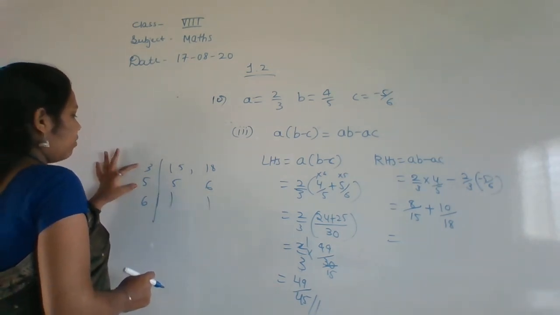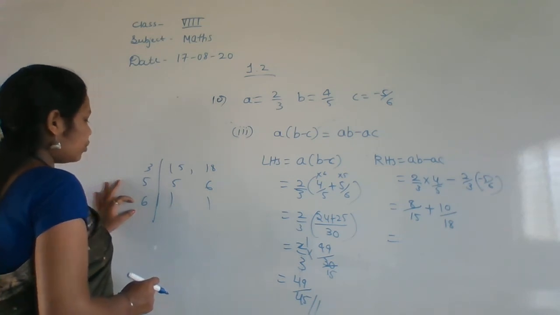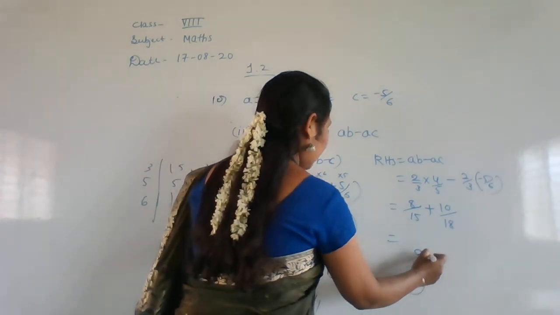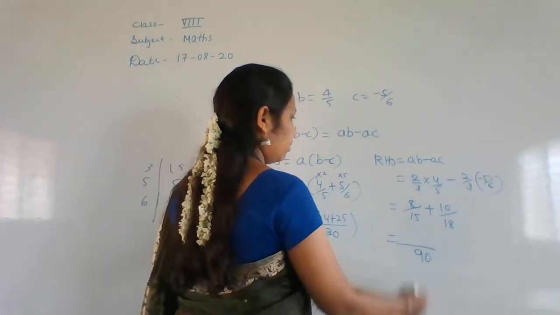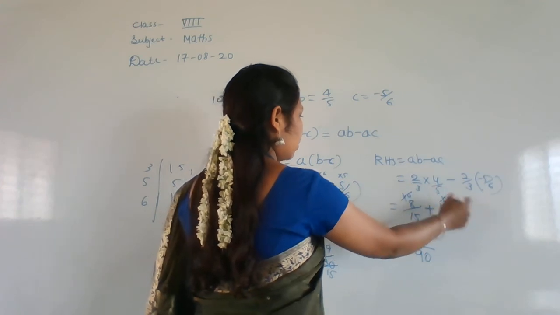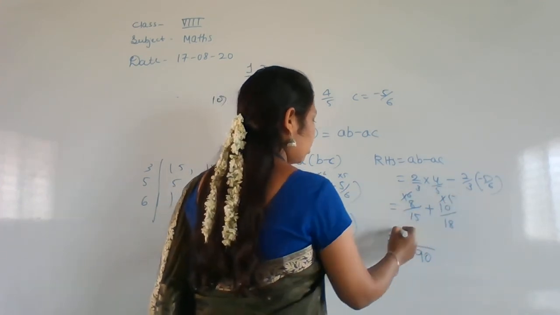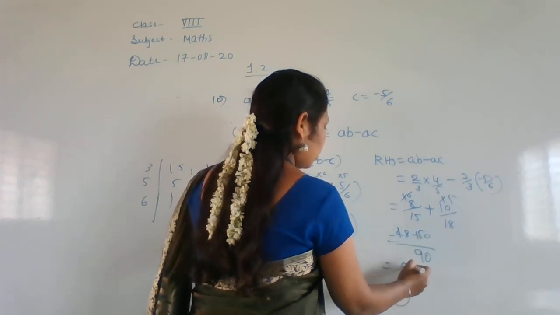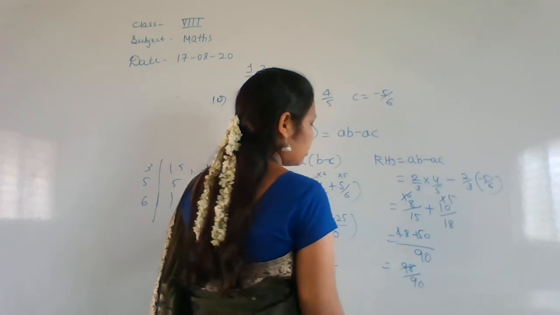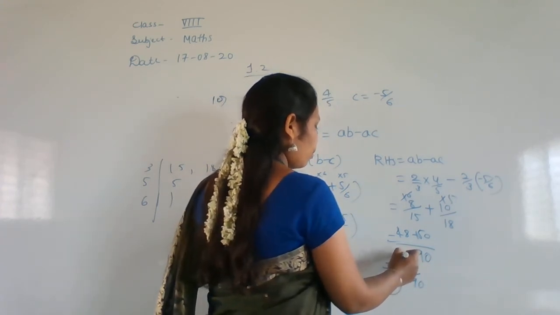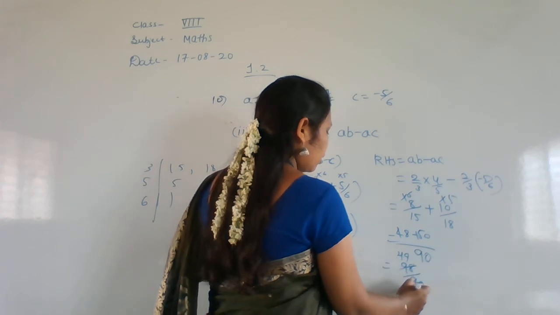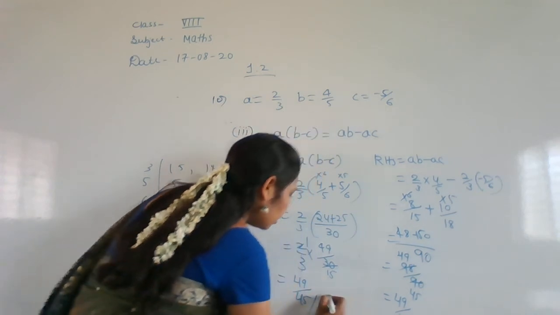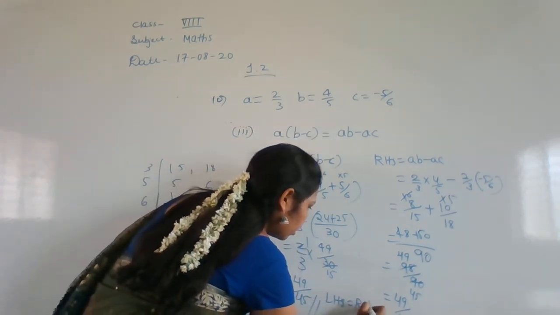So here 5 3s are 15, 15 6s are how much? 5 6s are 30, 3 3s are 90. Here we will get 90. 15 6s are 18, 5 8s are 48 plus 50, that is 98 by 90 here. Cancel by 2. 2 4s are 8 and 2 9s are 18. That is nothing but 49 by 45. So LHS is equal to RHS.